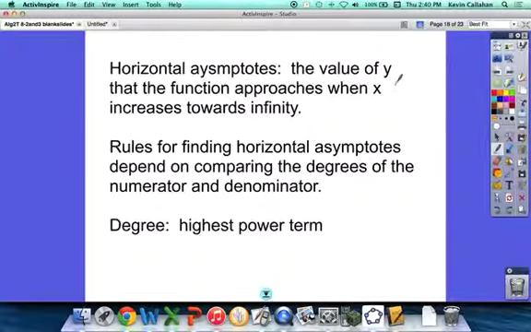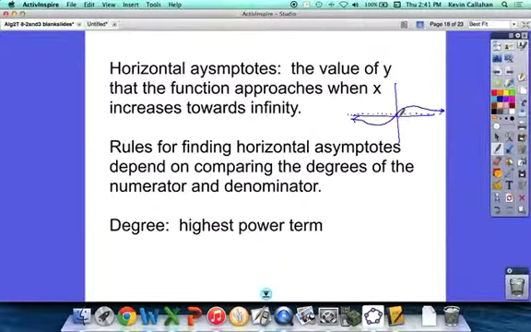It could look like the graph is doing this kind of thing, reaching that line as x becomes large in the positive direction.